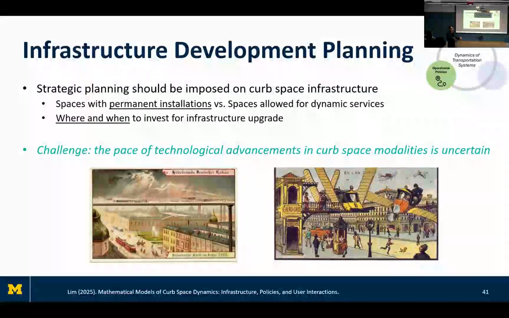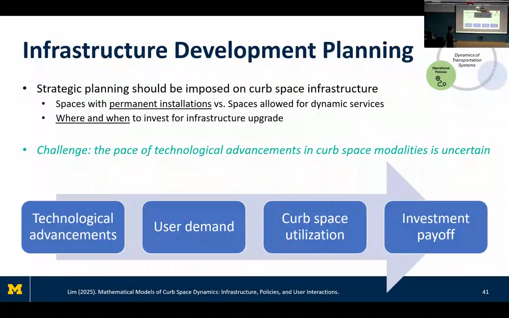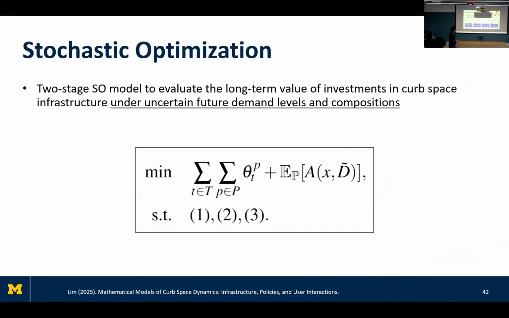It depicts how people always estimate the demand wrongly for the future. Because we have an uncertain pace of technological advancements, the user demand composition is uncertain, then the space utilization in the next 10, 20 years will be different, which will impact the investment payoffs that we develop today.